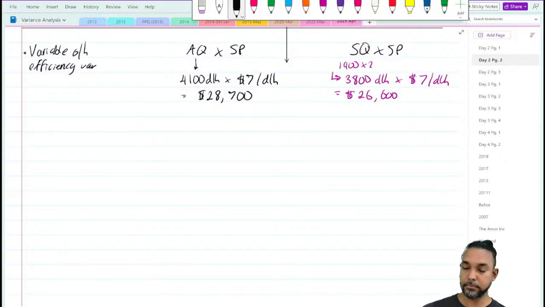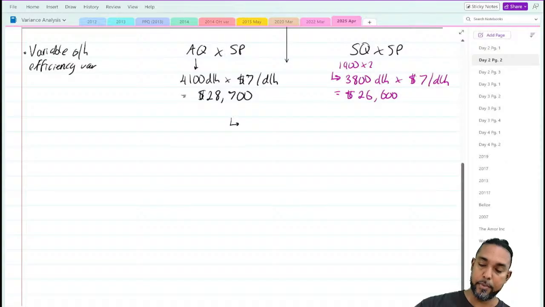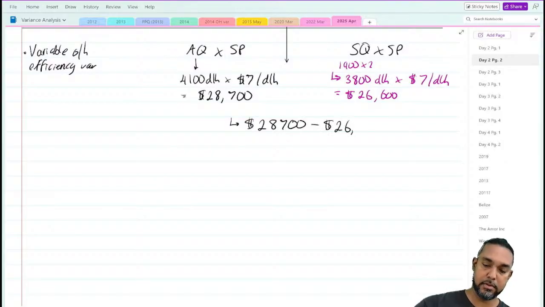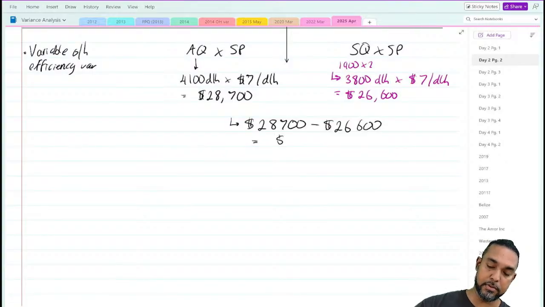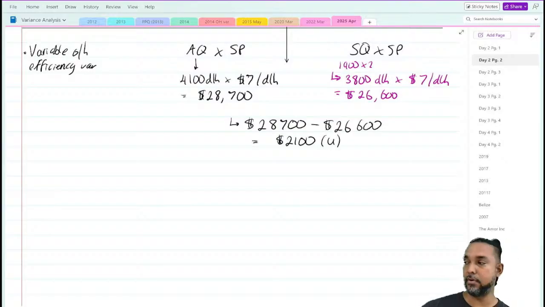So now, when we compare those two, we have 28,700 minus 26,600. So we spent more than we were supposed to. So that's equal to $2,100 unfavorable.